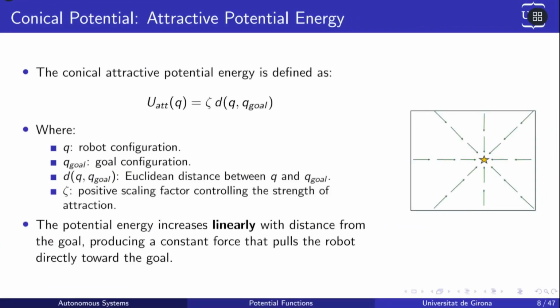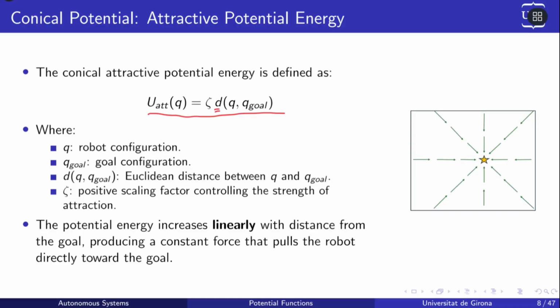Which is the simplest potential function that we have? Probably this one. It's an attractive potential function where we only consider the distance to the goal. This is the function that I'm talking about, and d(q, q_goal) means the distance from the current configuration to the goal configuration.